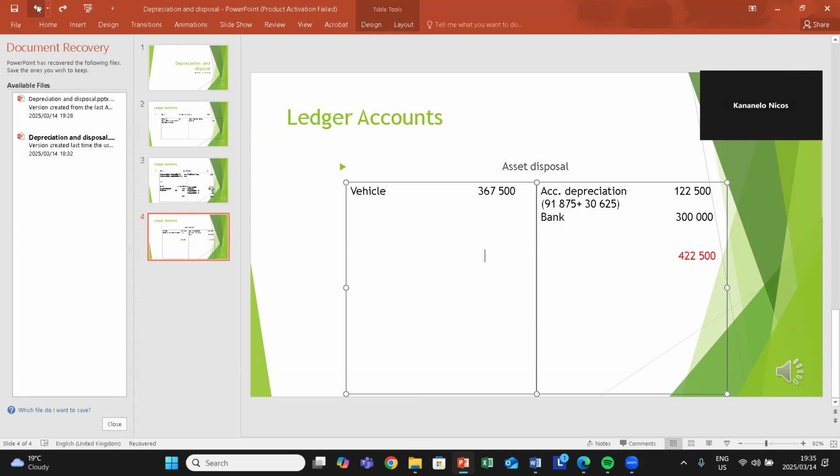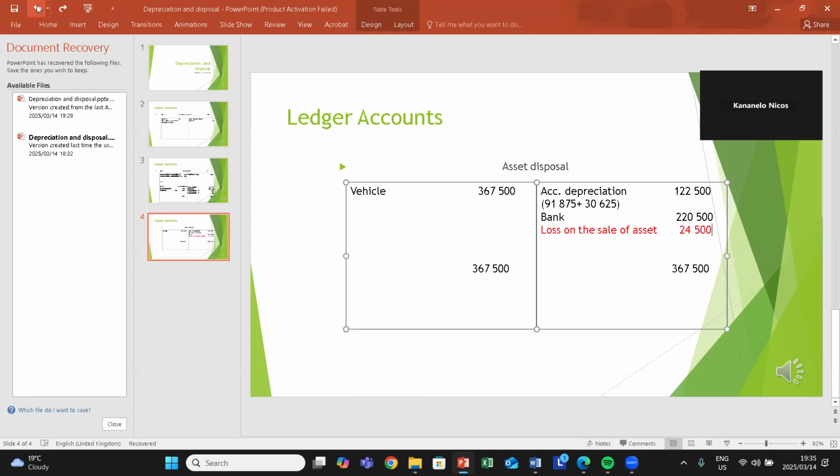Remember, asset disposal, you record what you sold. We dealt with this one and it was 24,500. Started by recording your cost price on the debit side. You always record your cost price, which amounted to 367,500. We debited it.